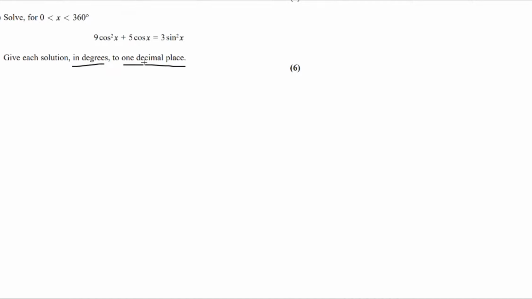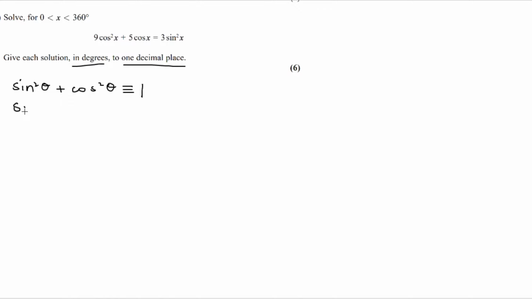To begin this question, I'm going to remind you of a trigonometric identity. If we have an angle, sine squared theta plus cos squared theta is identical to 1. Here I can write sine squared theta in terms of cos squared theta.